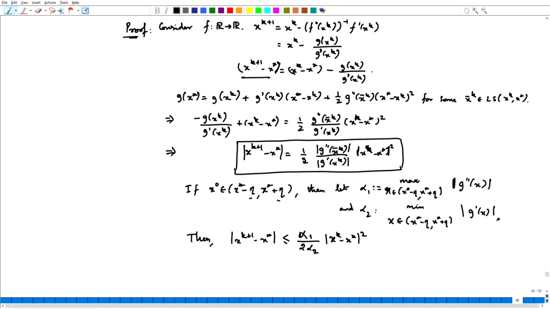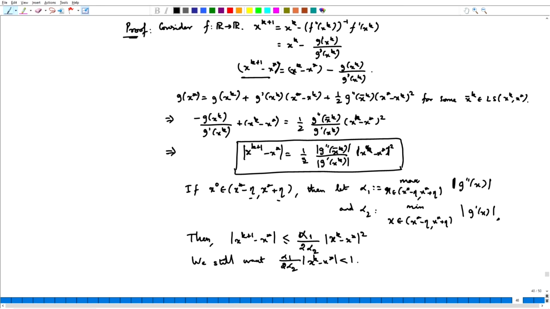We are still not done because we do not know if this would still converge, because we still want alpha 1 by 2 alpha 2 into xk minus x star to be less than 1. Only then can I be sure of the convergence.